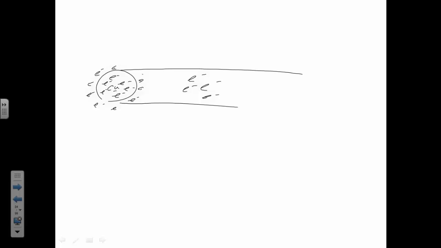All right. So what would help us then on this wire? First, every material has a resistivity associated with it.